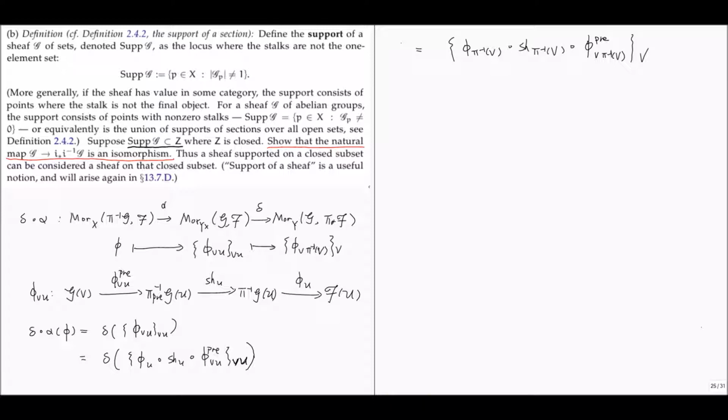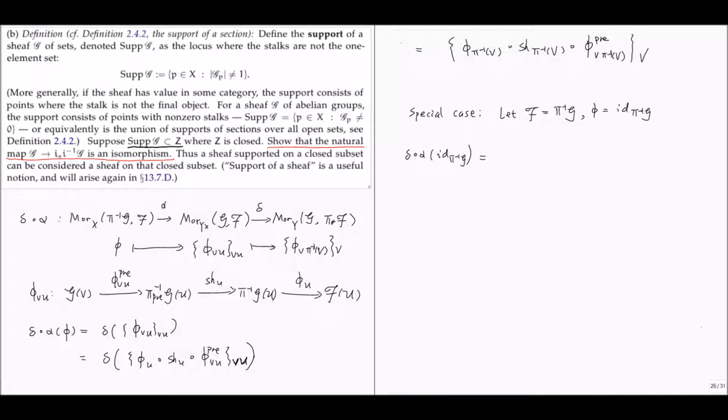And now, let's look at the special case. We let the script f to be pi inverse of g and phi to be the identity on this inverse image of g. We apply delta composed with alpha to this identity.